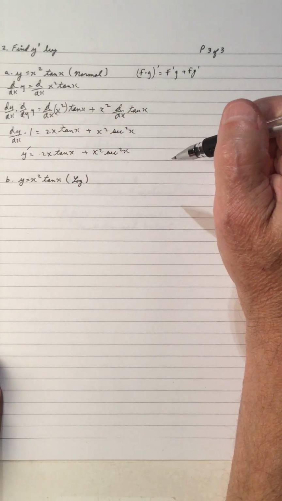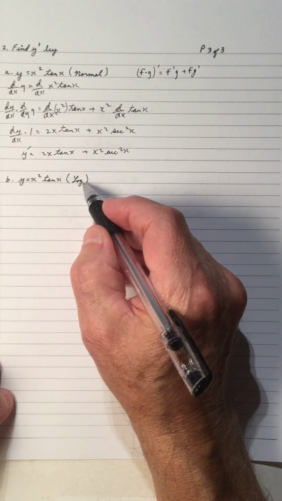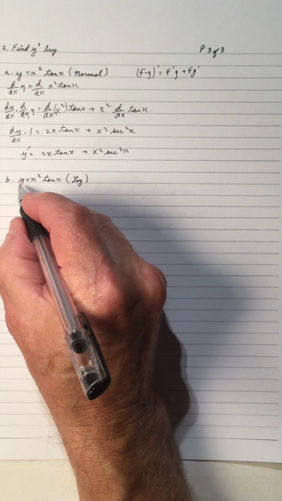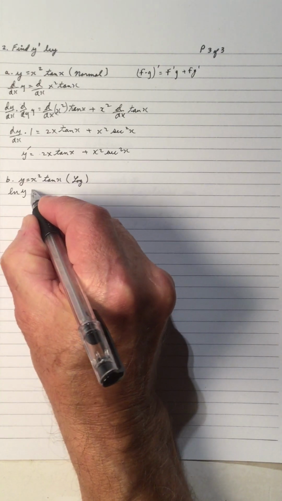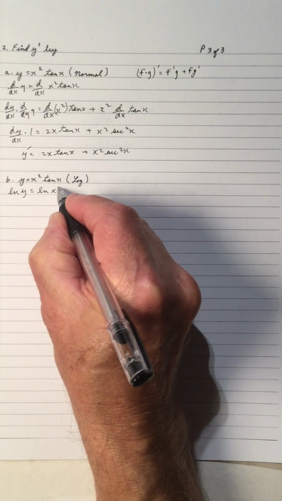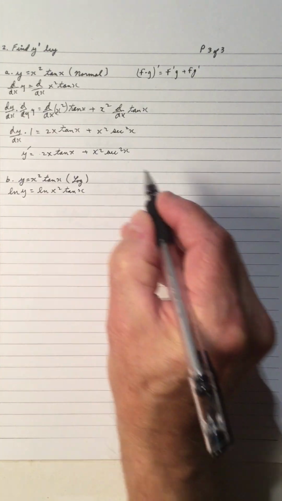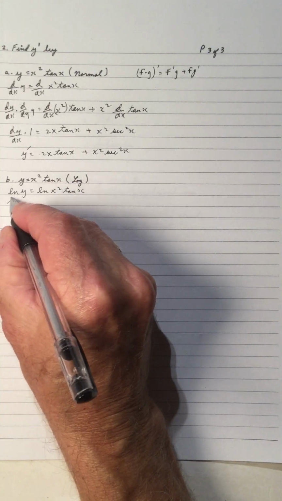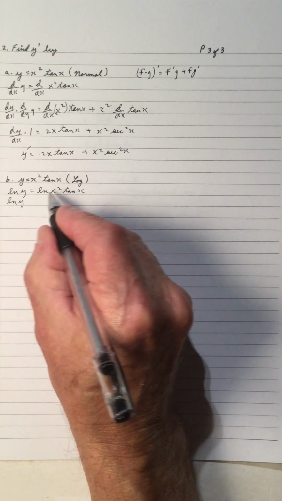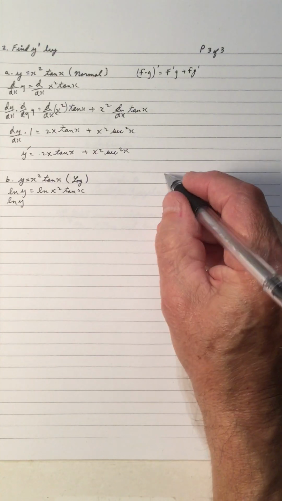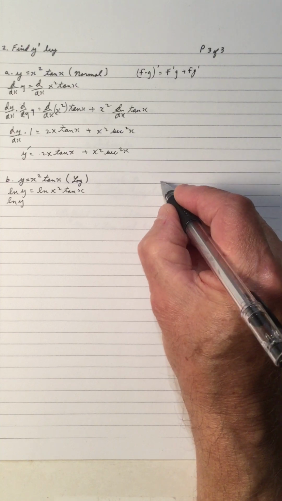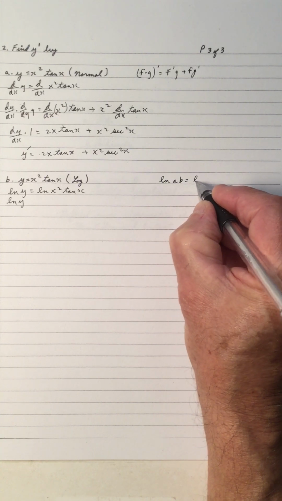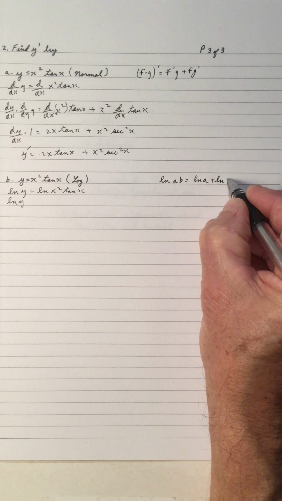Okay, so what if we want to show how to do this one using logarithmic differentiation? If I were going to use logs on this, I would take the ln of each side. Okay, that's done. Now, according to the log rules, this is the ln of a product, and let me explain. If I had the ln of a times b, that would be the ln of a plus the ln of b.